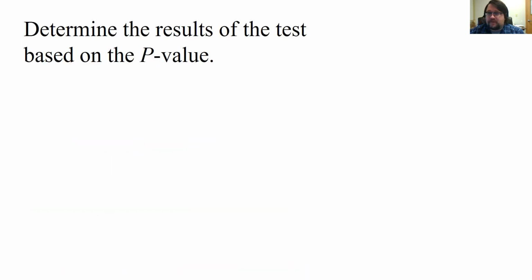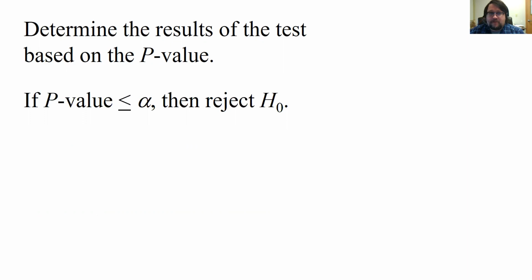Determine the results of the test based on the p-value. If your p-value is less than or equal to your alpha, your level of significance, then we're going to reject the null hypothesis. Let's say I want my alpha to be 5%. What I'm willing to say is I'm willing to be wrong 5% of the time with this kind of testing.